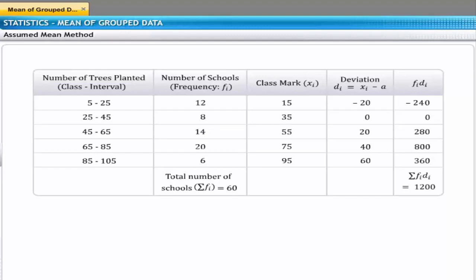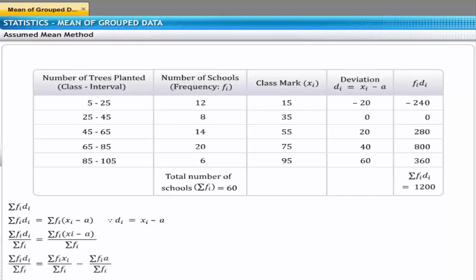Now, let us see how we can use this value to find the mean of the given grouped data. For this, we will have to derive a formula. Let's consider the summation fi di. Since di is equal to xi minus a, we can substitute this in the above equation. Next, we'll divide both sides of the equation by summation fi.